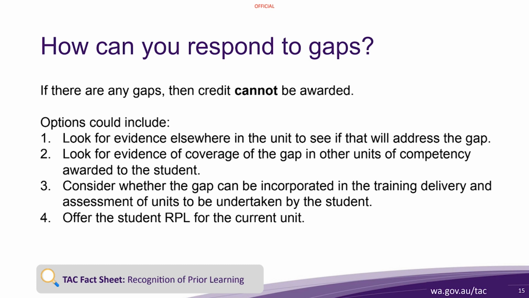But all of these options need to be documented. It really is important that you don't just say, okay, that's fine. Whatever you do, you need to make sure that you keep comprehensive records of your mapping and of the judgment that you've made that has enabled you to either address the gap through looking elsewhere in the unit, or looking at other units of competency, or undertaking targeted training to close the gaps, or where you've offered RPL to students.